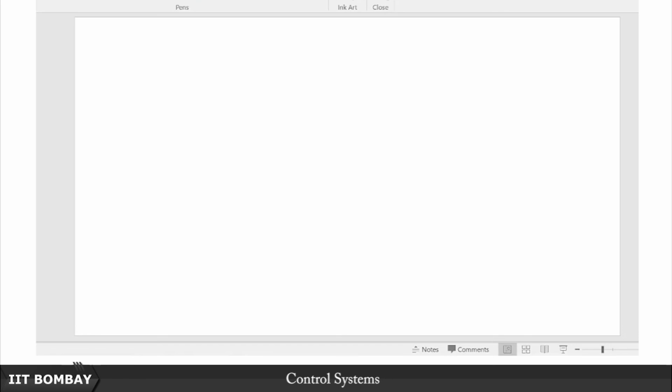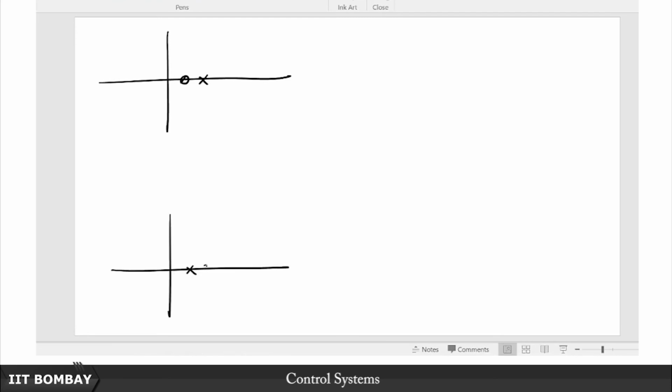Well, let us try. Let me take two scenarios again. In one case I have a pole and a zero like this, and in the other case I have the locations of the poles and the zeros interchanged. So let us take this as real axis and this as jω, this as real and this as jω.